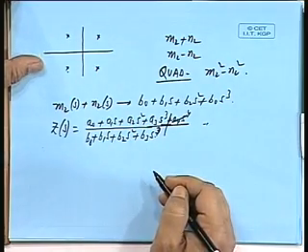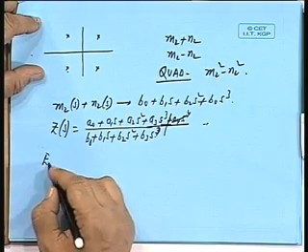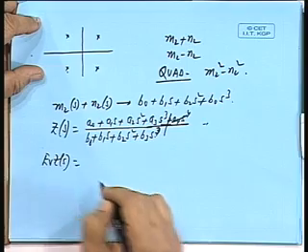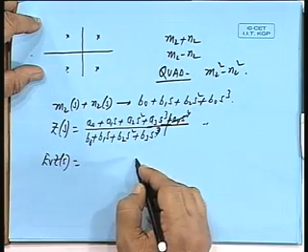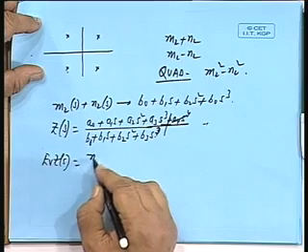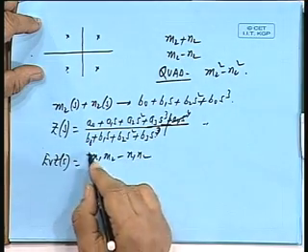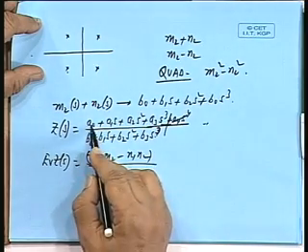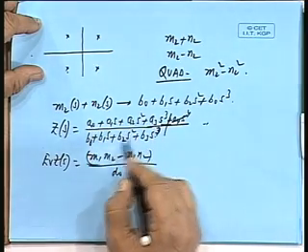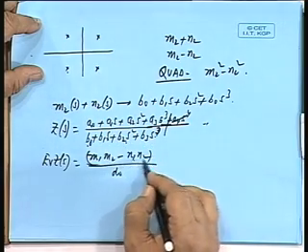So we will take this as Z(s), and then what will be the real part of Z(s)? What is the even part of Z(s)? From here you take m1 m2 minus n1 n2. That means a0 plus a2 s squared into b0 plus b2 s squared minus the odd part product.